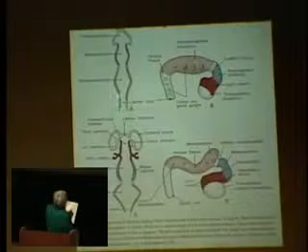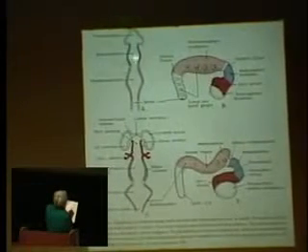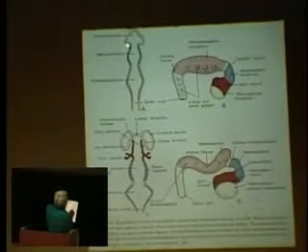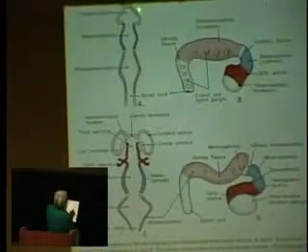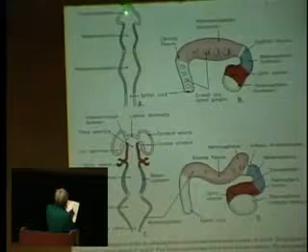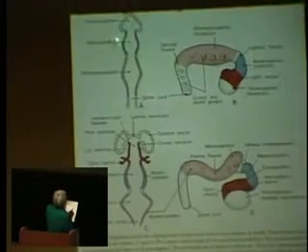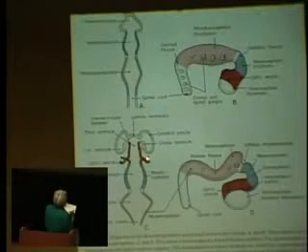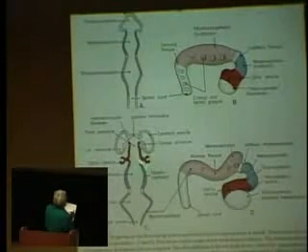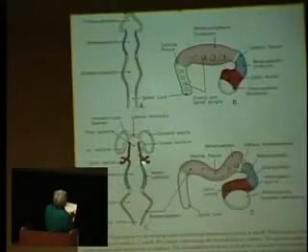Now, we can start. Somebody said prosencephalon. What are the two main divisions of the prosencephalon? Diencephalon and telencephalon. Now, we come down here. When it's blue, it's mesencephalon. So red is going to be part of what part of the neural tube?